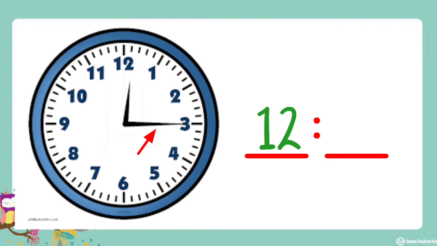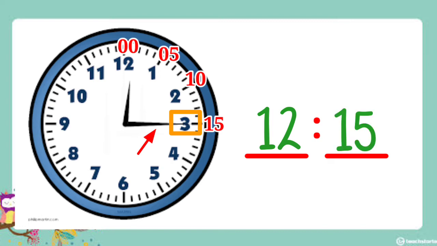It is pointing at 3. Take note that we have to count by fives to determine the number of minutes. So starting at 1, 5, 10, 15. So the number of minutes that has passed is 15. And therefore, the time on the clock is 12:15.